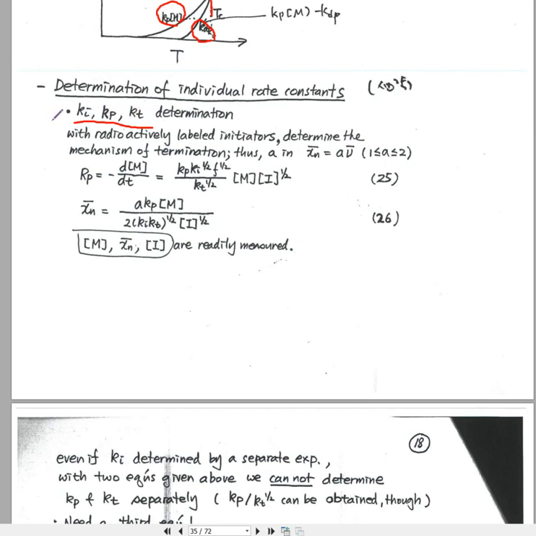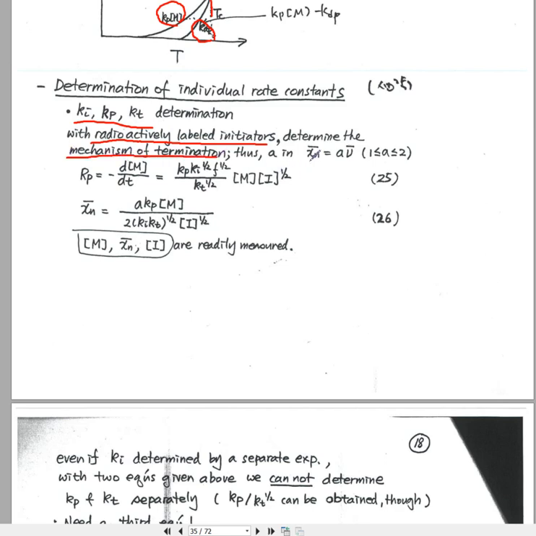So generally, there should be some terms which can be experimentally determined, and we need three of them, right? So let's see just briefly how we can do it in a qualitative manner. Okay, first, we could use a radioactively labeled initiator and determine the mechanism of termination.